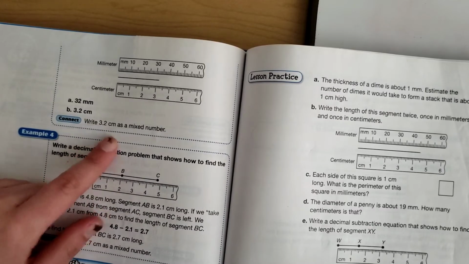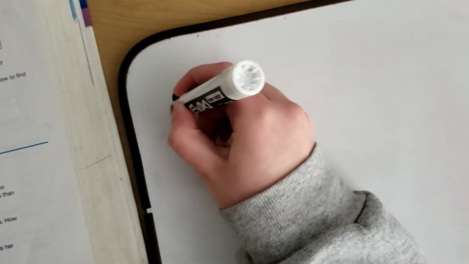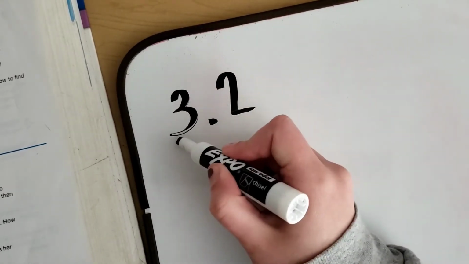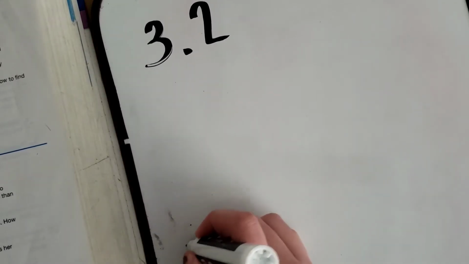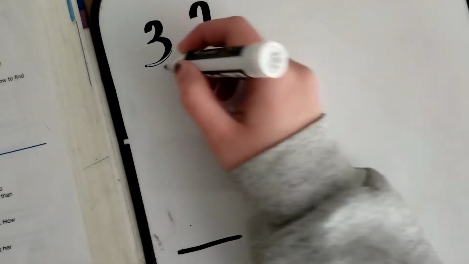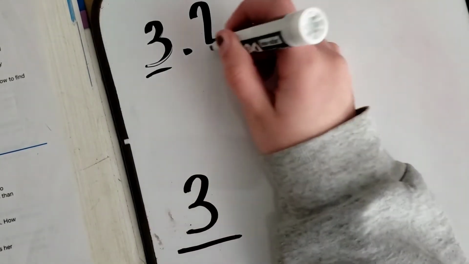And then it says write 3.2 as a mixed number, which we're going to try. So we have 3.2, and we want to write that as a mixed number. Our whole number goes here in our mixed number.